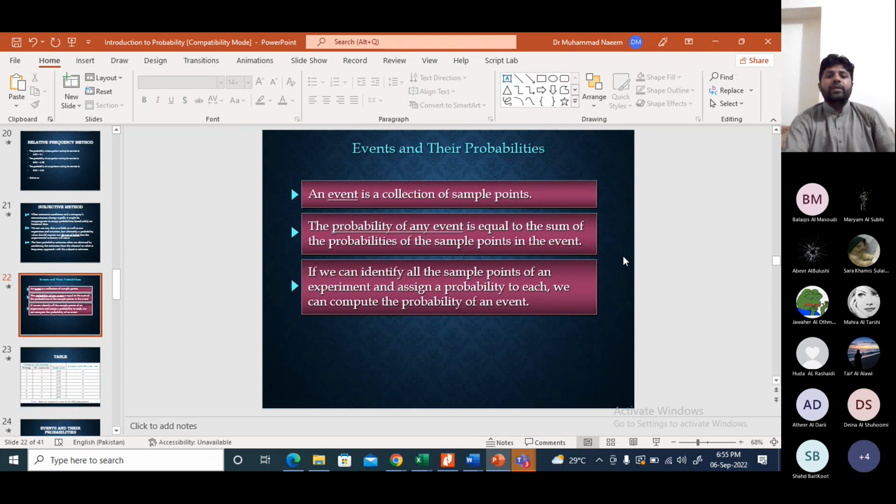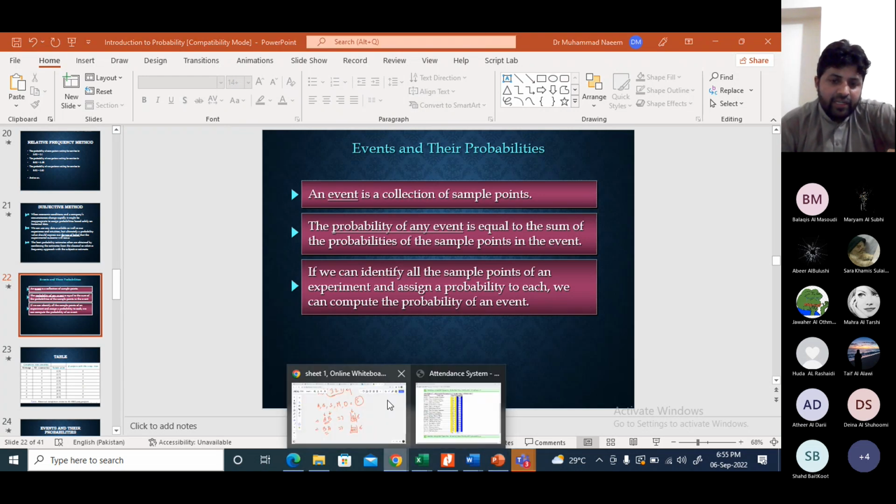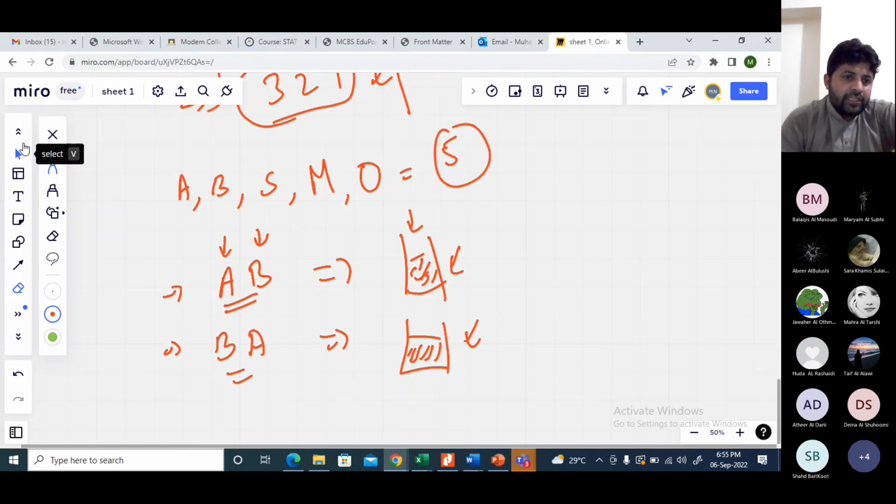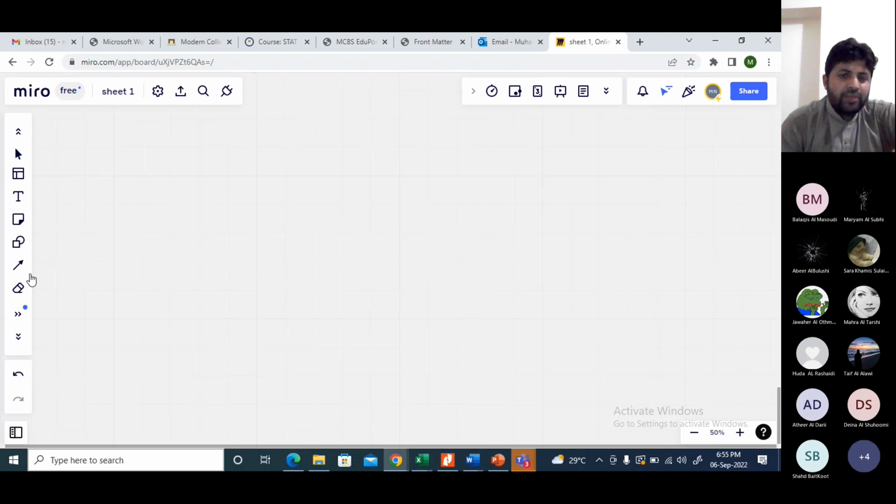Now, events and their probabilities. Event is a really important concept, and in the last lecture I didn't have this tab, but today I have it, and I can show you how we can have the events out of the experimental outcomes.